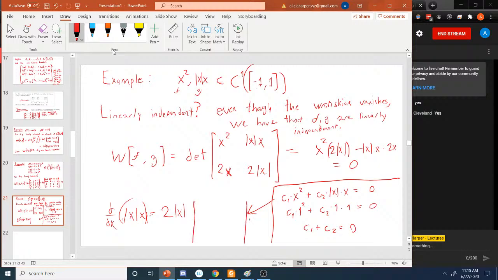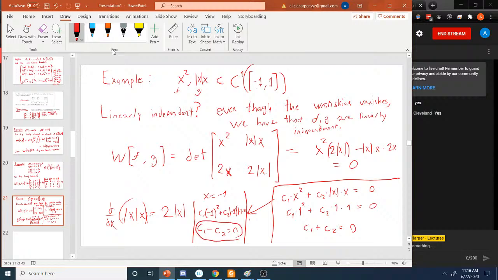But I can also evaluate it at -1. In this case, I get c1 times (-1) squared plus c2 times the absolute value of -1 times -1 is equal to 0, which is the same thing as c1 minus c2 is equal to 0.